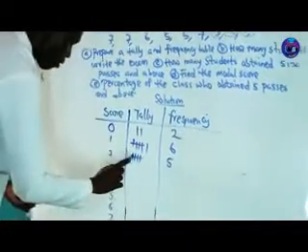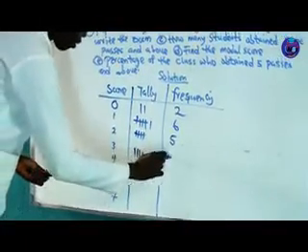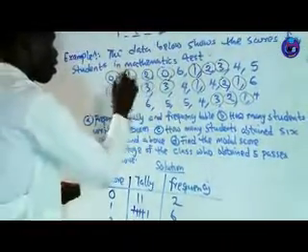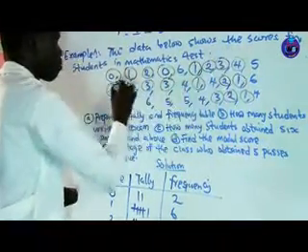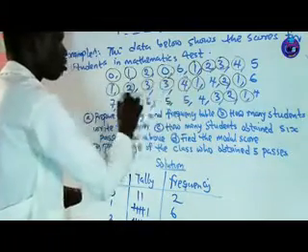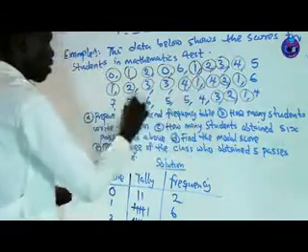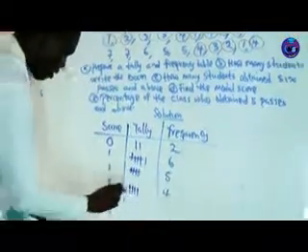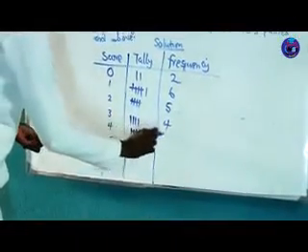We have 4. Then 4: 1, 2, 3, 4, 5. We have 5.